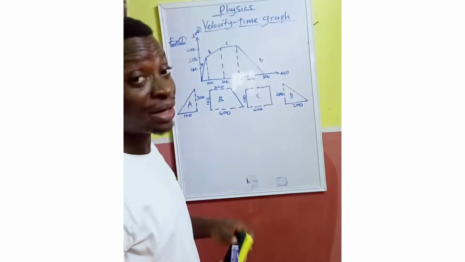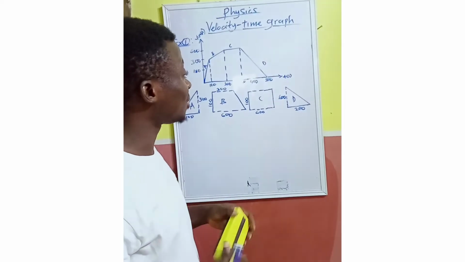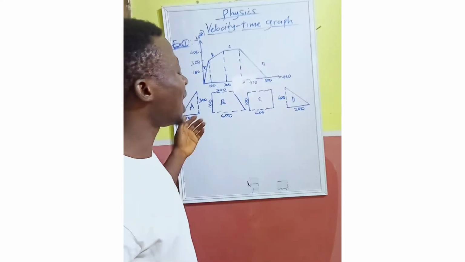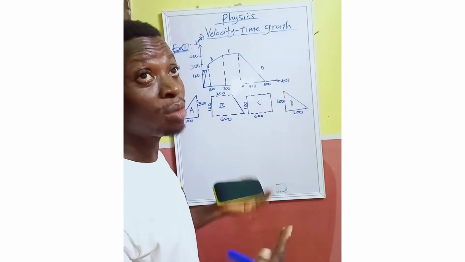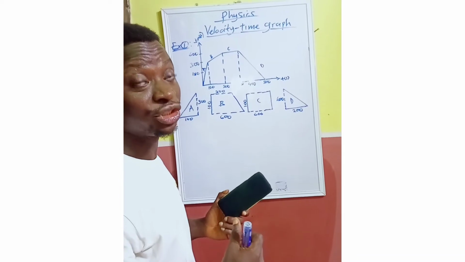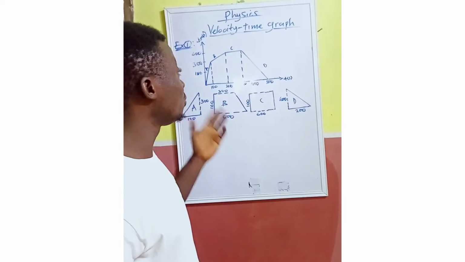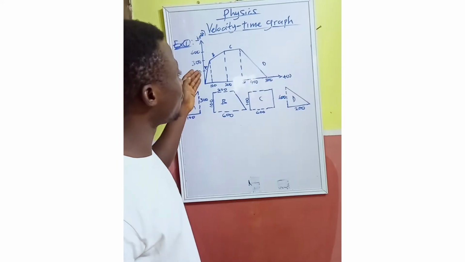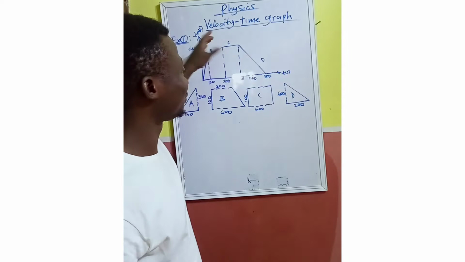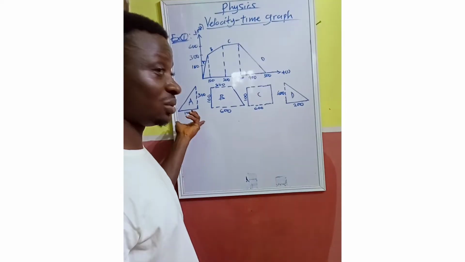Now remember, in calculating the total distance traveled in a velocity time graph, we are to calculate or sum the total area of the image that is given to us. Each of what we have in this graph, we can extract out, and that is what I have done so far.